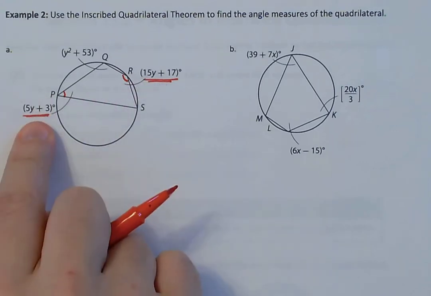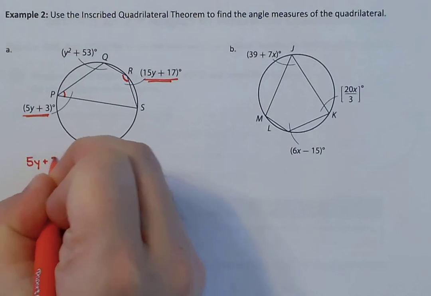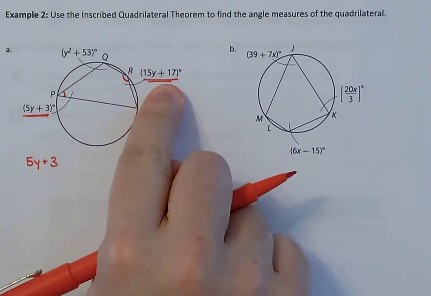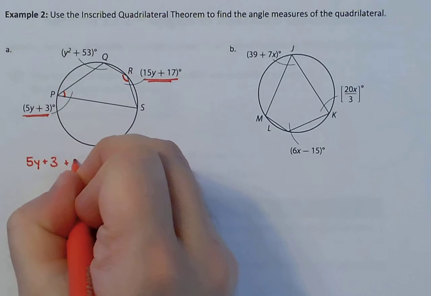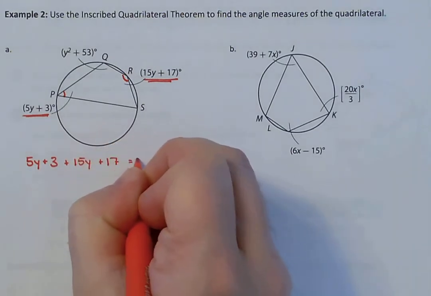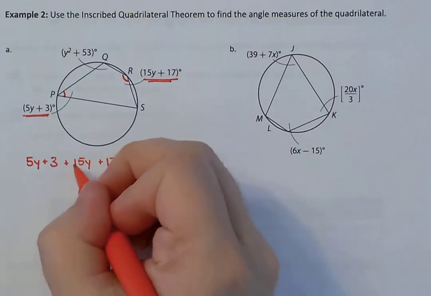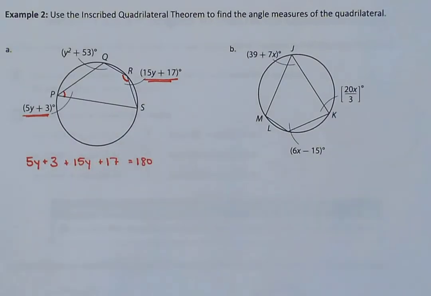So, we'll start with 5y plus 3 plus 15y plus 17 equals 180 degrees. So now that I have this set up, all it really is from here is just using your algebra skills, combining like terms, adding or subtracting, and then multiplying or dividing to figure out what y equals.